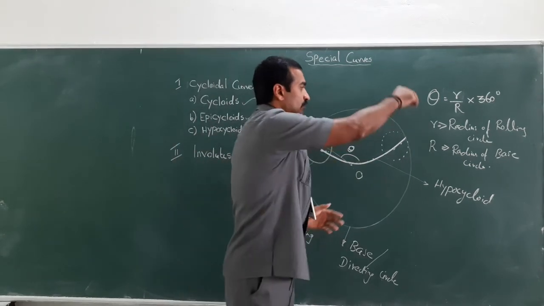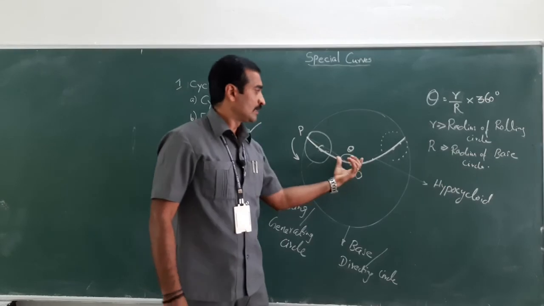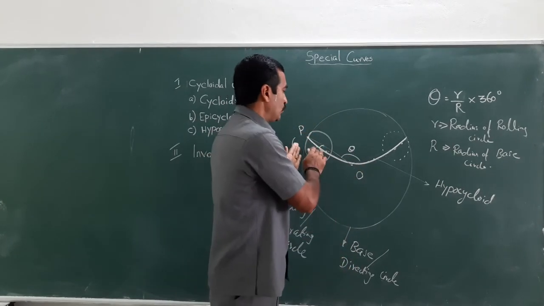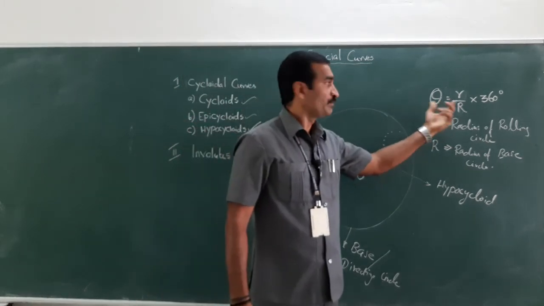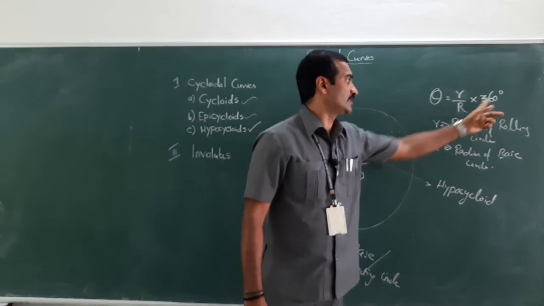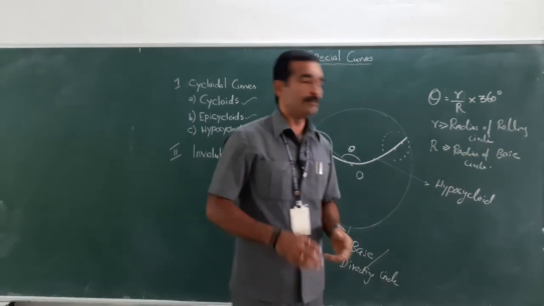So by tracing that, you will get a curve which is nothing but the hypocycloid. This is the segment of the base circle to complete one full revolution of the rolling circle, termed as theta. To find the theta value, the formula is r by R into 360. Small r is the radius of the rolling circle, capital R is the radius of the base circle.